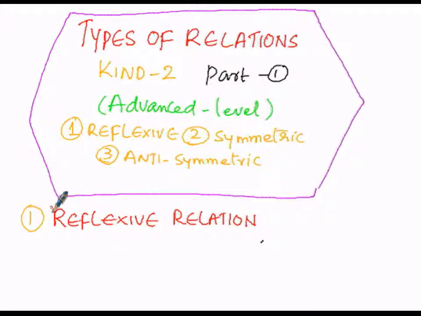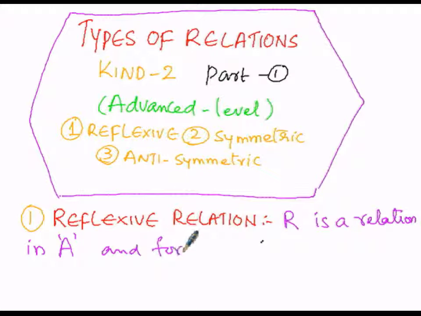So here, R is a relation in set A, and for every small a belonging to A, it implies a comma a also must belong to this relation.